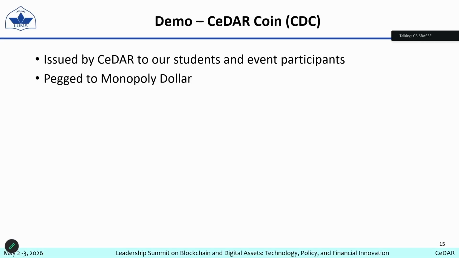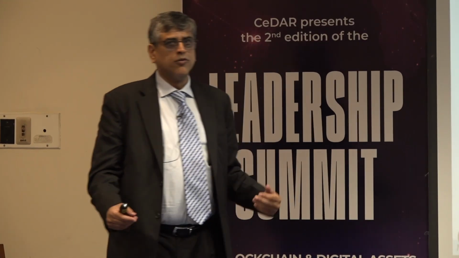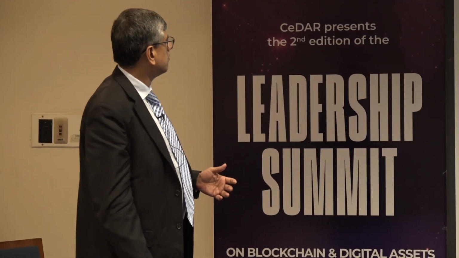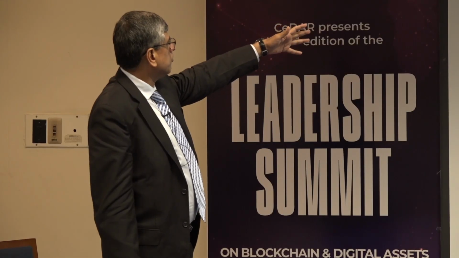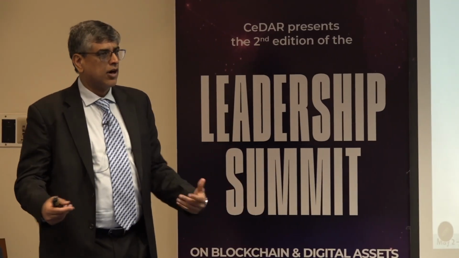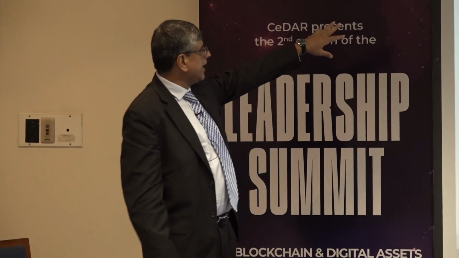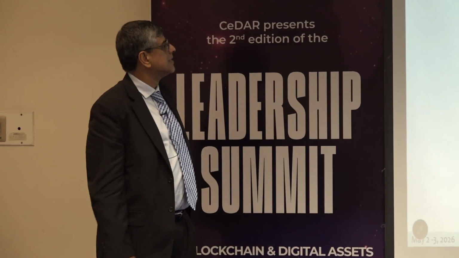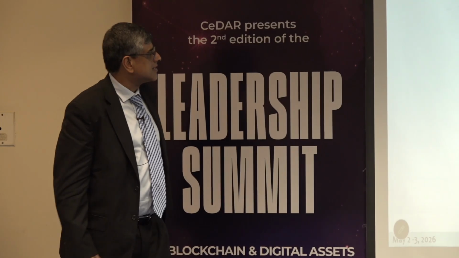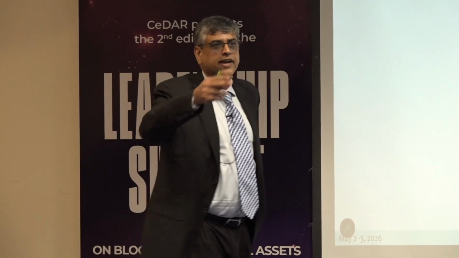So, in here, what we are going to show you is we will be actually making use of the stable coin that our center has issued. So we, as a center, have issued Cedar coins. We call them CDC to our students and even participants. So someone was saying they need Bitcoin.